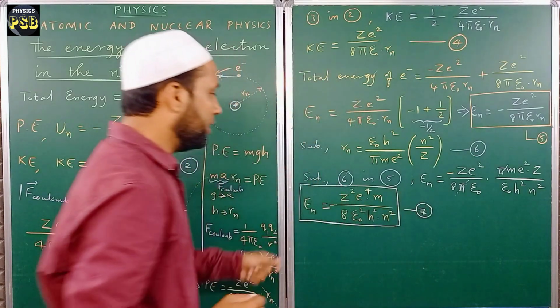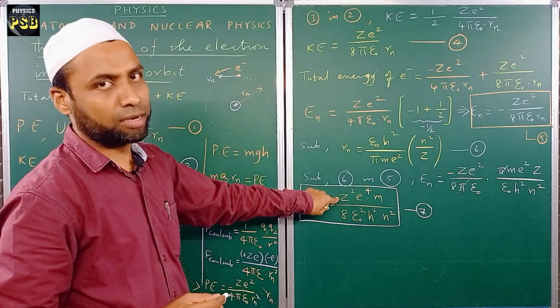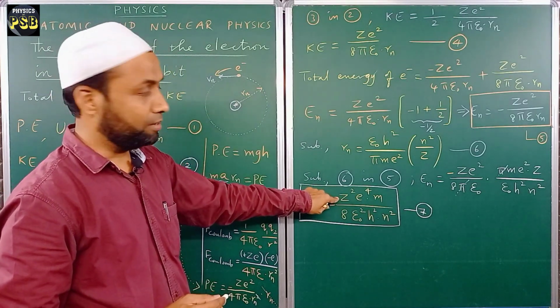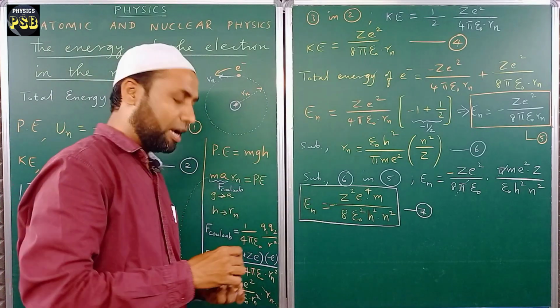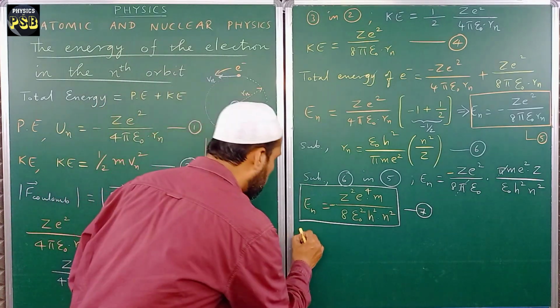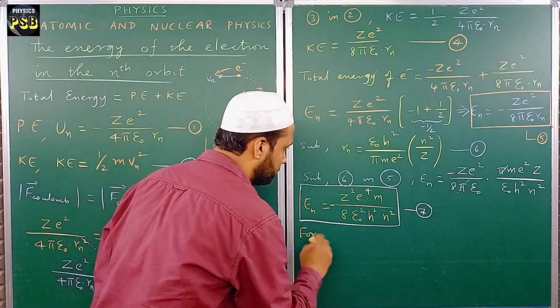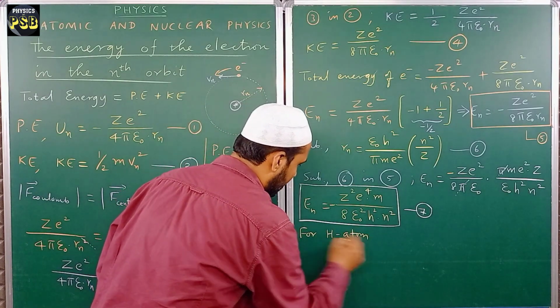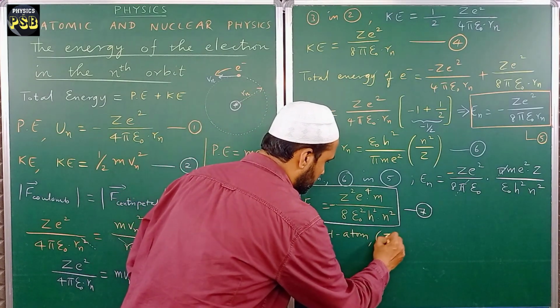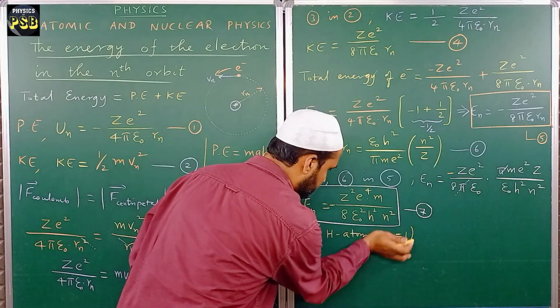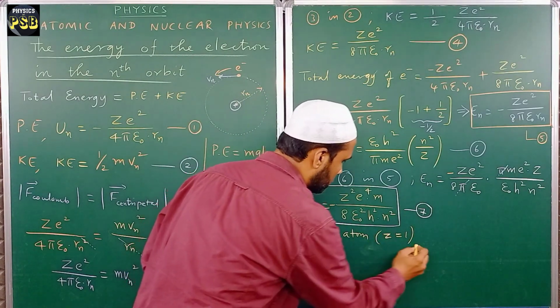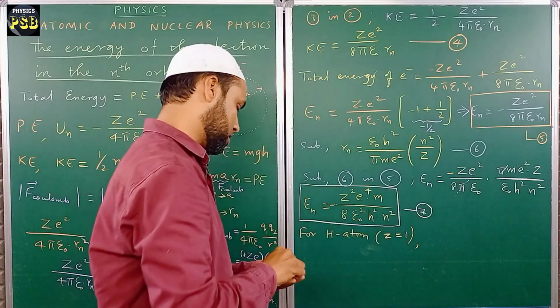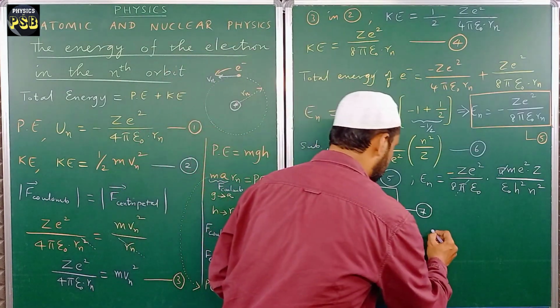Here Z stands for the atomic number of the given atom. Suppose I take the hydrogen atom. For the hydrogen atom, Z is equal to 1. So equation 7 takes a new form.